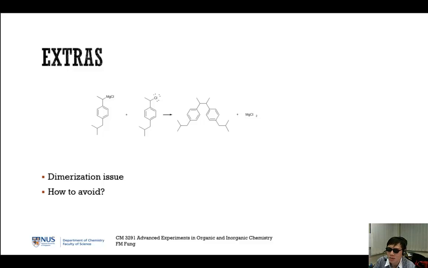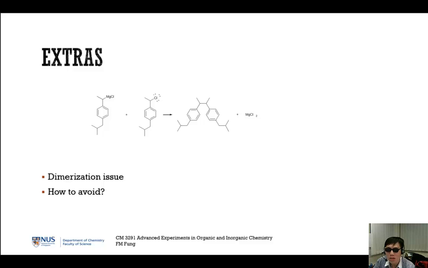Notice that this Grignard reagent could attack itself again and form the dimer. Do you notice? It's because the benzylic and allylic halides are reactive enough to react easily with this Grignard reagent. So that means it can react with itself again to form the same thing, right?